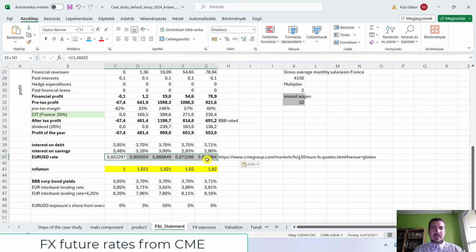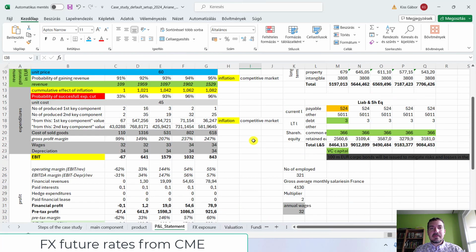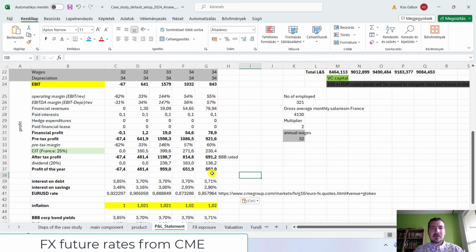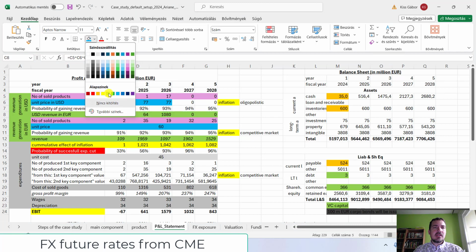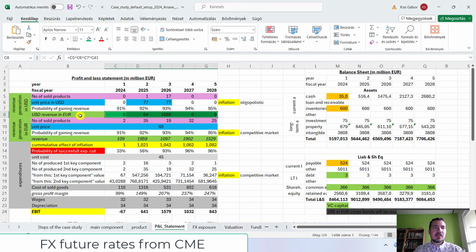So this is where USD exchanges are coming from. This is what I recommend for you, that CME Group has. Free and excellent data, and now we can see what is happening here. Okay. You are green. Oh, let's have other green.